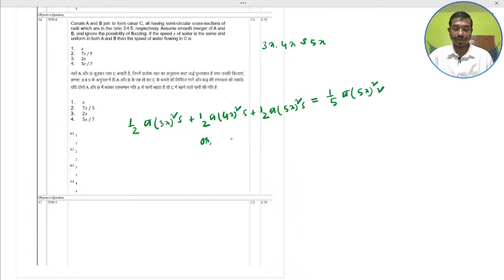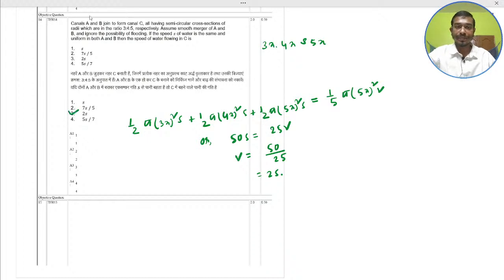So after solving you would get 50s equals 25v. You have to find v, that would be 50 by 25, 2s. 2s, twice s, would be the correct answer, option 3.